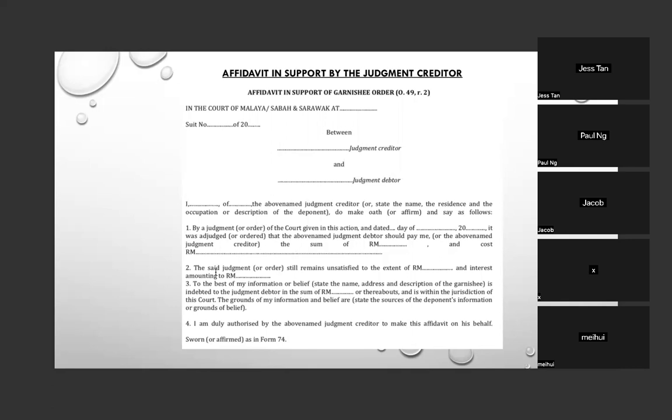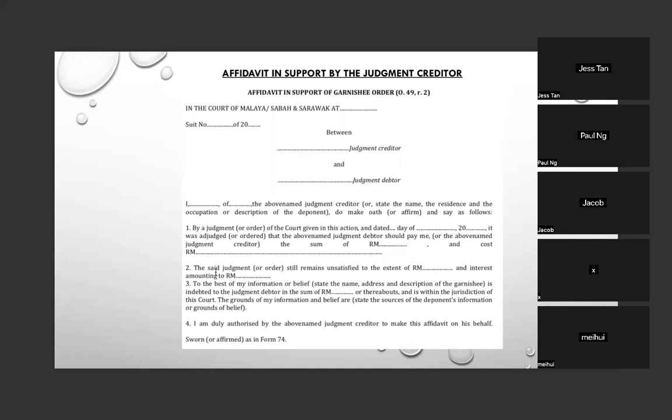Usually for bank accounts, you need to exhibit in your affidavit how you actually obtained the bank account details, either by previous dealings or any previous payments from the judgment debtor.